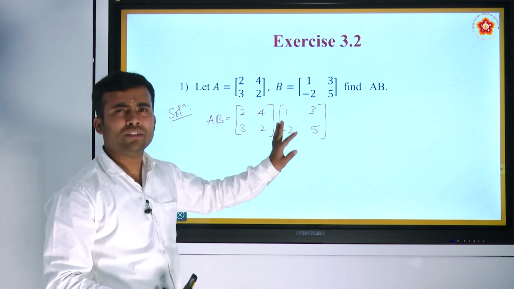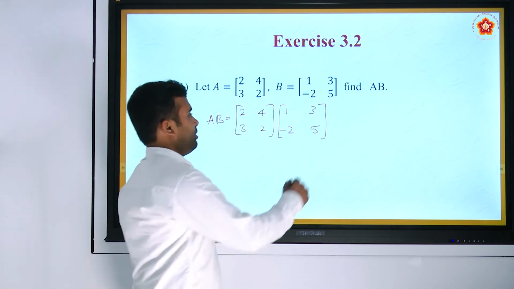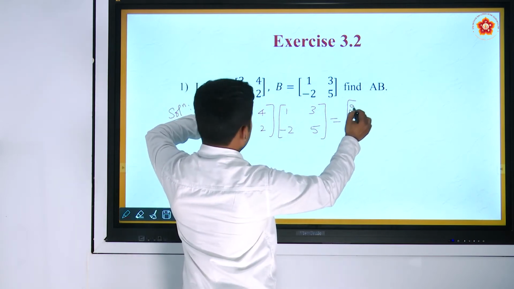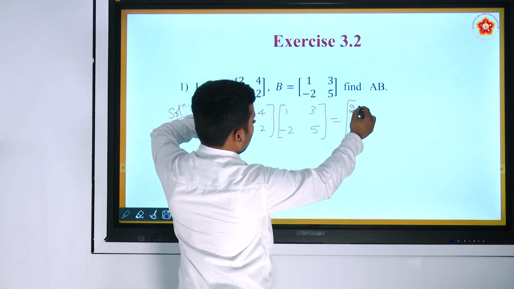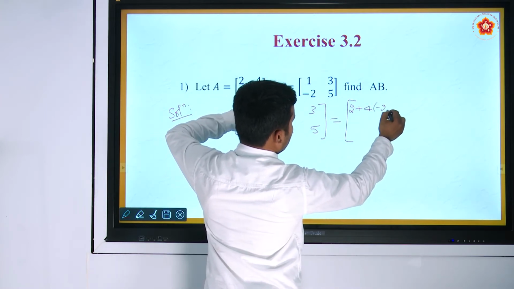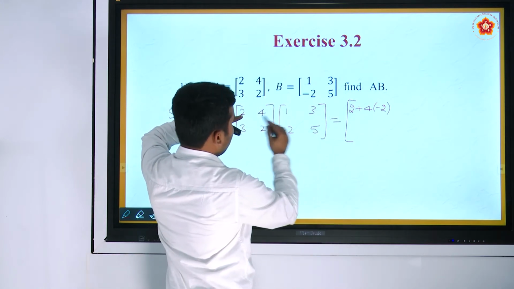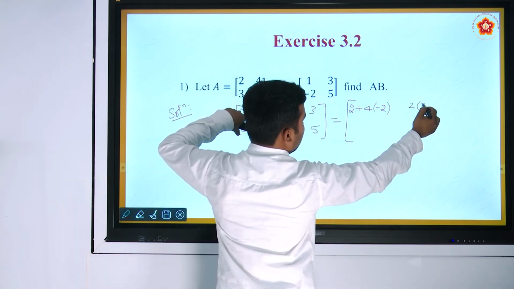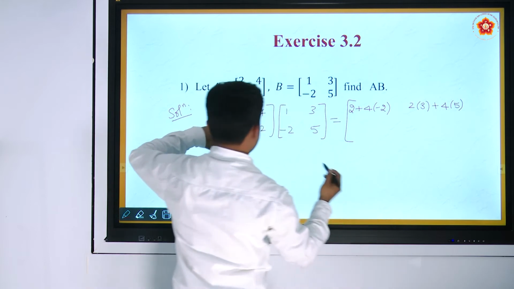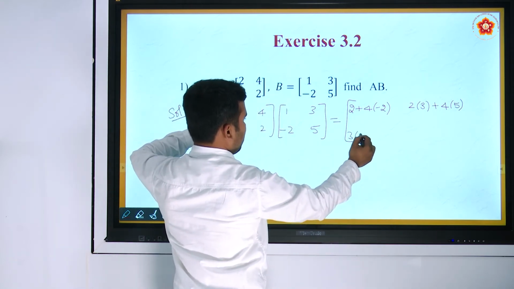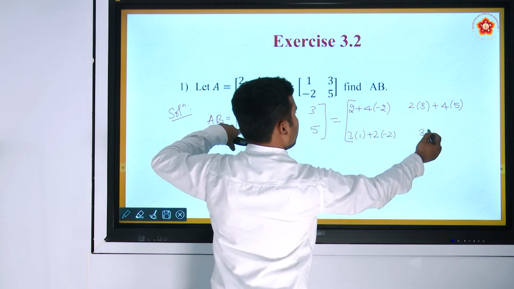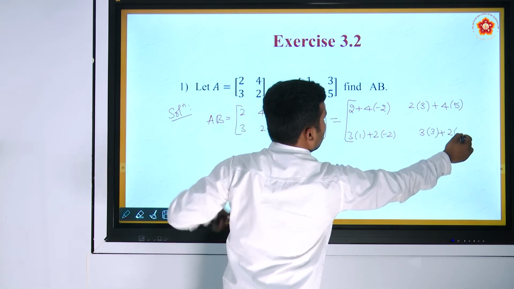Here the order is the same, so you can easily multiply, and this is equal to 2 into 1 plus 4 into minus 2, and here 2 into 3 plus 4 into 5. Next 3 into 1 plus 2 into minus 2. Next 3 into 3 plus 2 into 5.